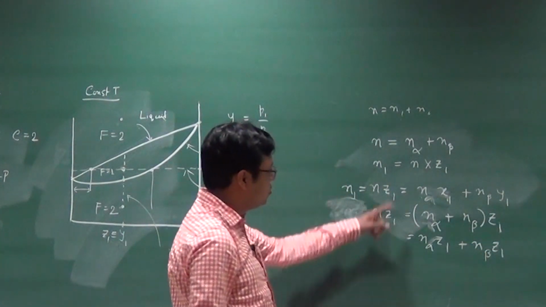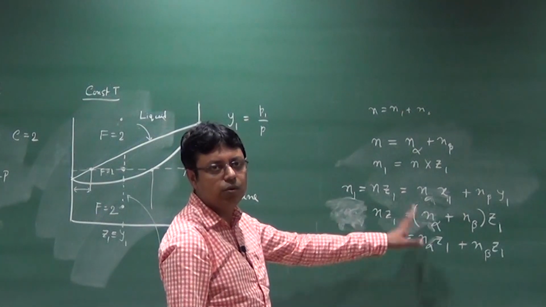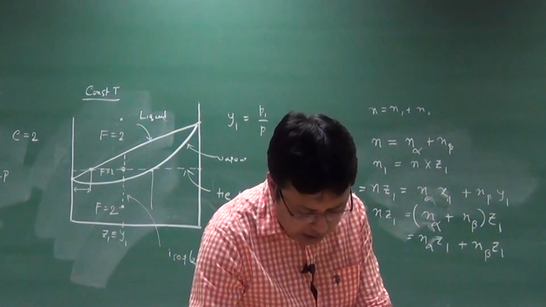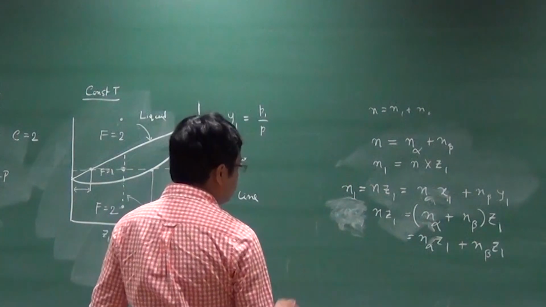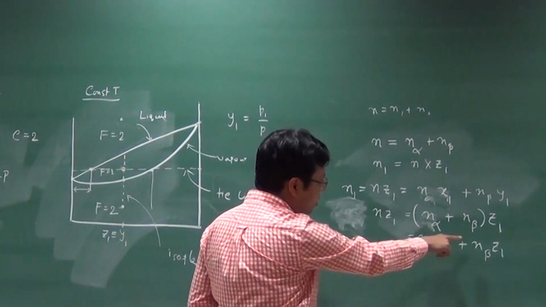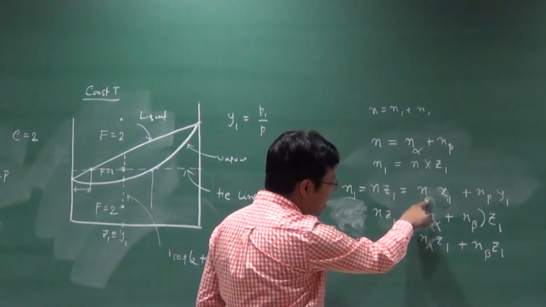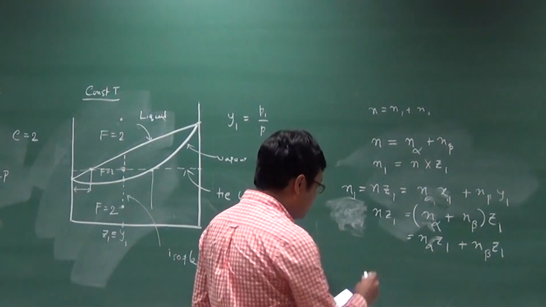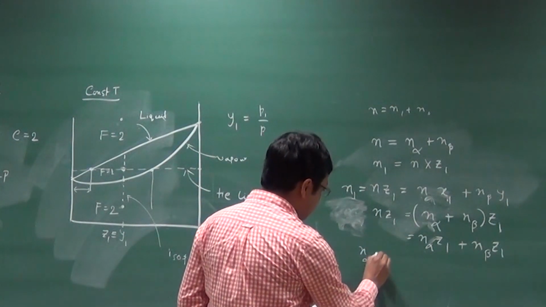Now these two equations are identical. Just equate it. If I equate it, then I'll have something like, just follow this thing. I have N alpha Z1 plus N beta Z1 is equal to N alpha X1 plus N beta Y1. So I'll just collect terms and write it as N alpha.